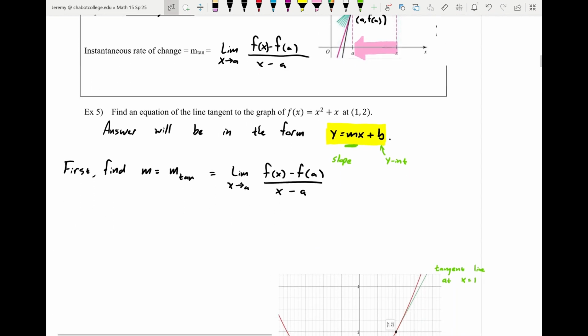So in this case, a is just going to be 1. All right, so we want to evaluate this where f of x is equal to x squared plus x, and a is equal to 1.